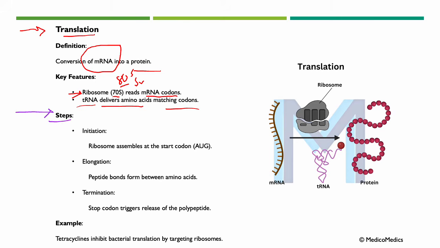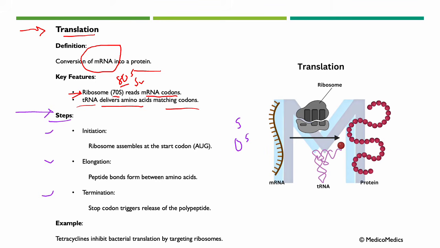Now let's look at the steps. So again, we have initiation, elongation, and termination. So during initiation, the ribosome assembles in the start codon, which codes for methionine in bacteria. The small ribosomal subunit binds to mRNA, followed by the large ribosomal subunit. And the subunits in bacteria, if you remember, the small one is 40S, the large one is 60S. Did you fall for that?